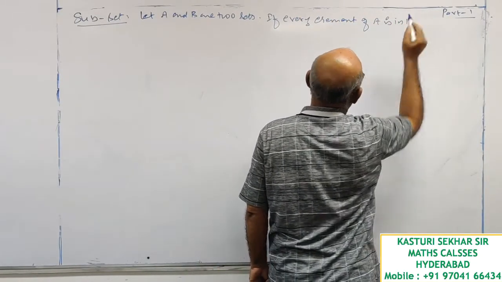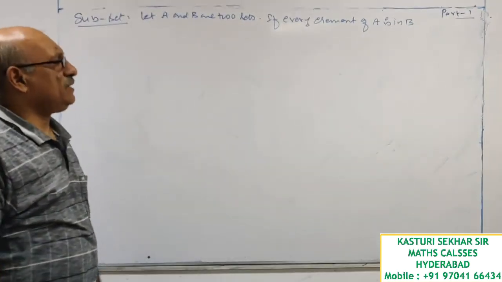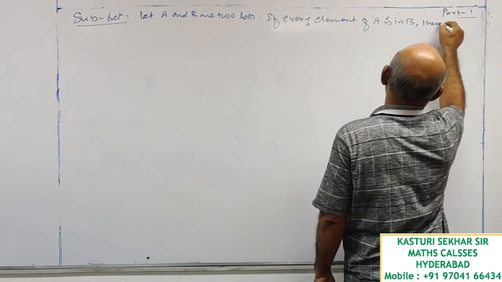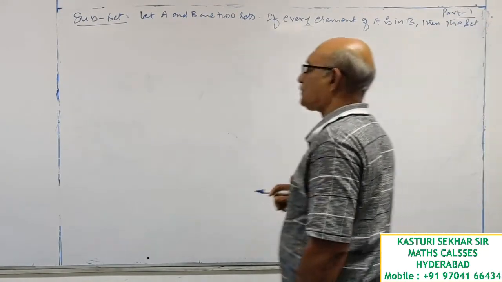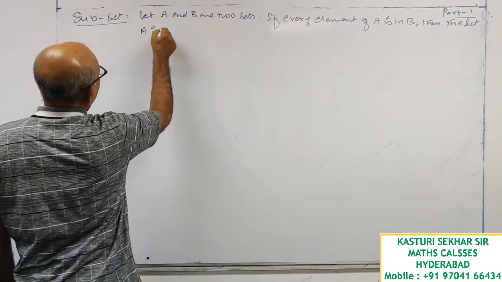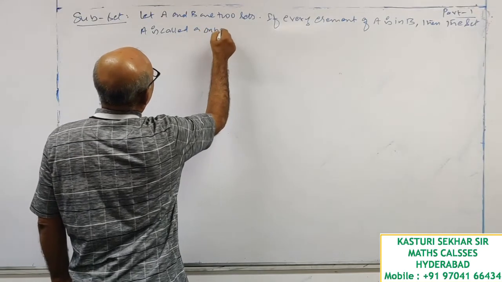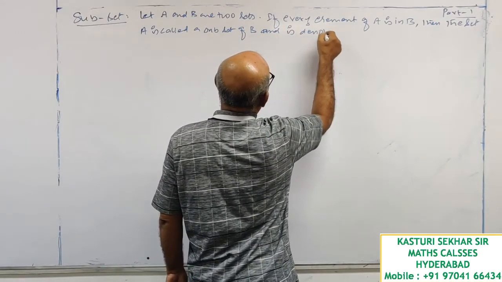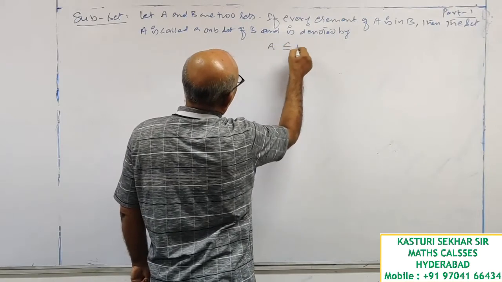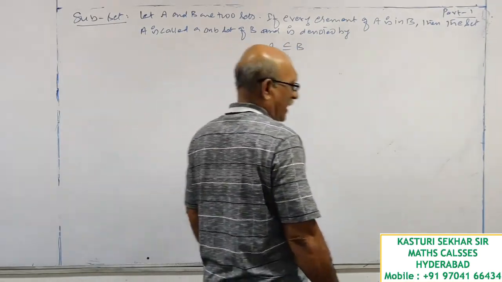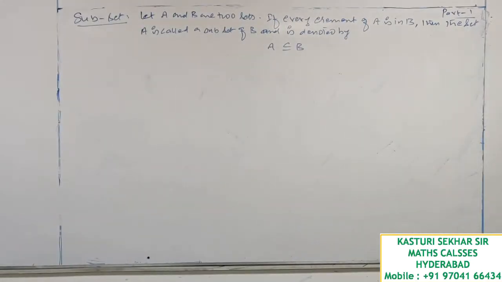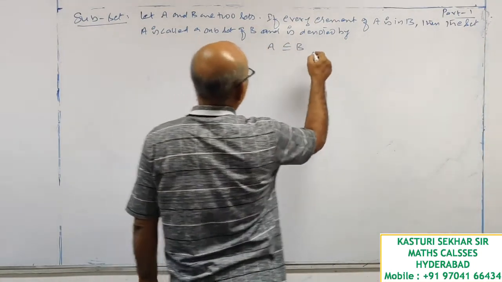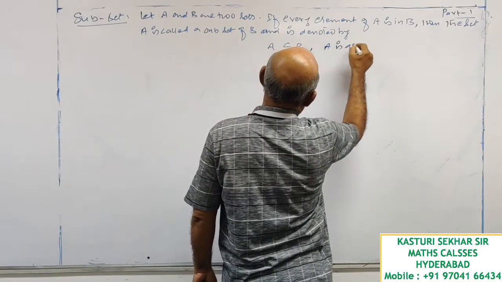If every element of A is in B, then the set A is called a subset of B and is denoted by A is a subset of B. How to read it? A is a subset of B.